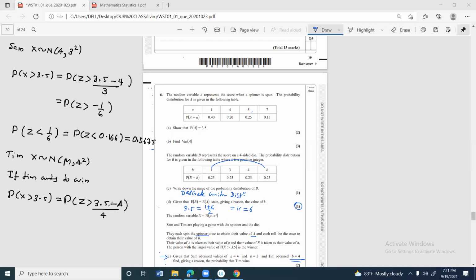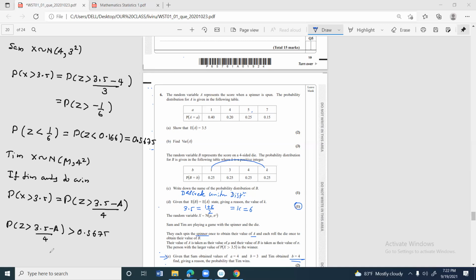Then what is the condition? If he wants to win this game, he should get a higher probability than this. That means the probability of Z greater than 3.5 minus A divided by 4 should be greater than 0.5675. We know this probability is Z greater than minus 1 over 6.